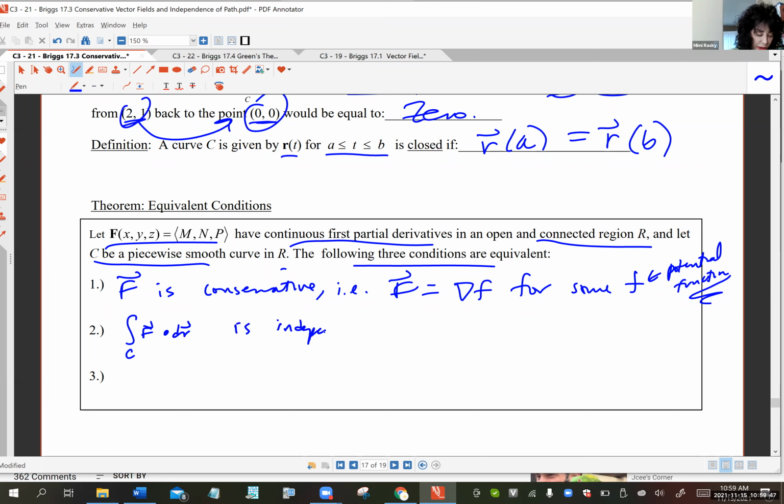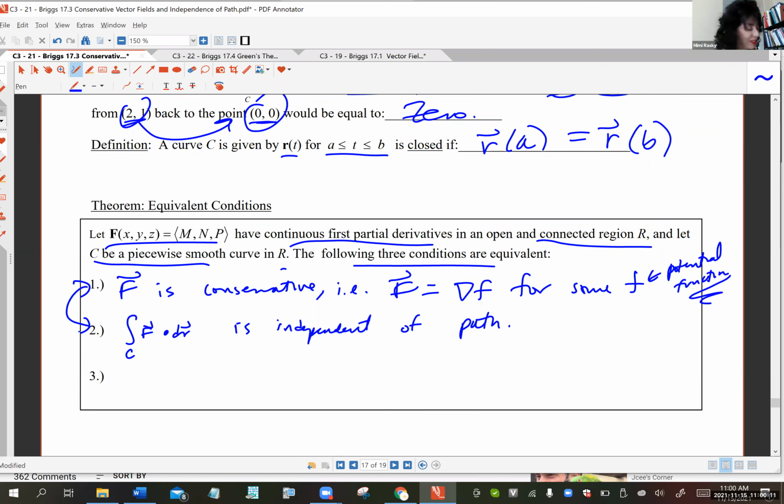Now, we already did a theorem. It was an if and only if theorem, where these two things were basically considered the same. In other words, if one of them was true, the other one was true. Remember that theorem that said basically that 1 means 2 and 2 means 1? Yeah, we did that theorem already. So that's kind of the review that I told you, we already knew half of this theorem. So the third thing is the brand new one.